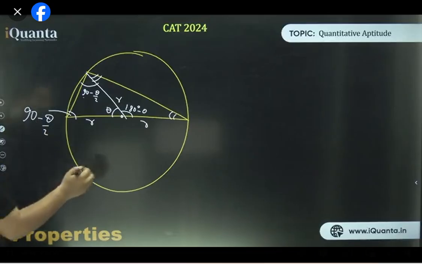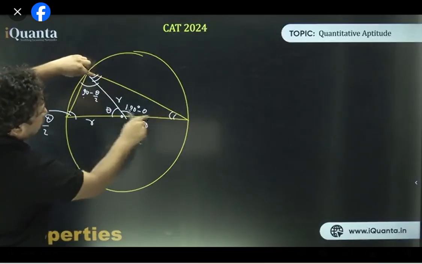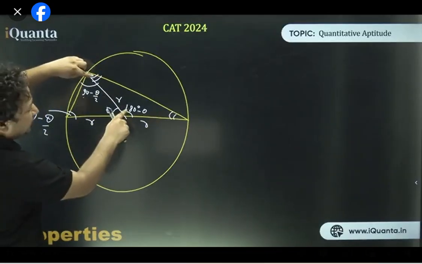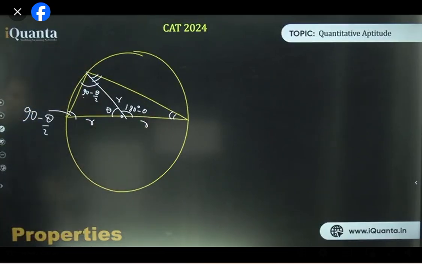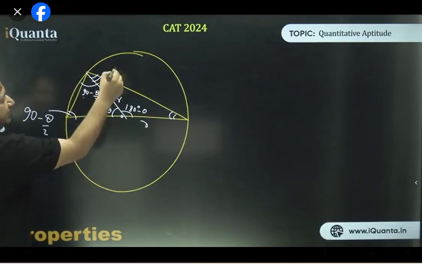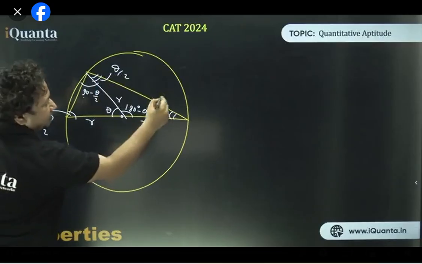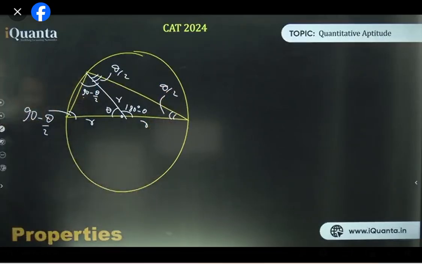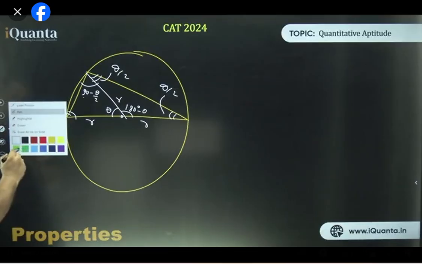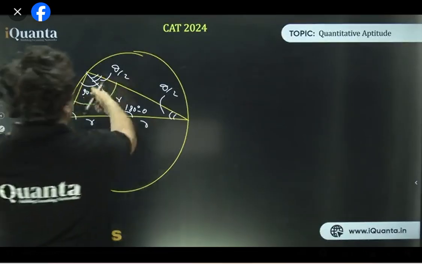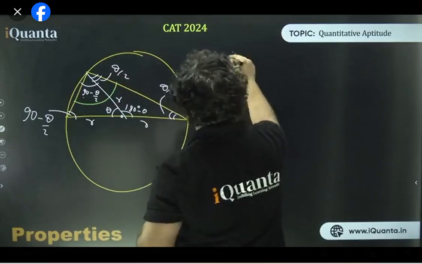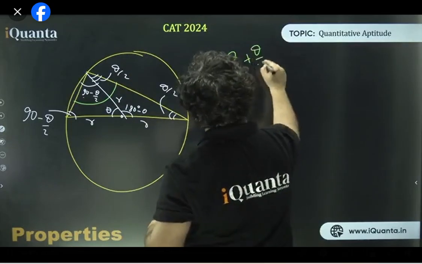Is that right? And sum of these three will also be 180. 180 minus theta is removed. So how much is left? Theta is left. So this will be theta by 2. This will also be theta by 2. Is that right? Is that right? So tell me what will be this angle. जो 90 हम prove कर रहे थे, prove हो गया ना? 90 minus theta by 2 plus theta by 2 is 90 only.